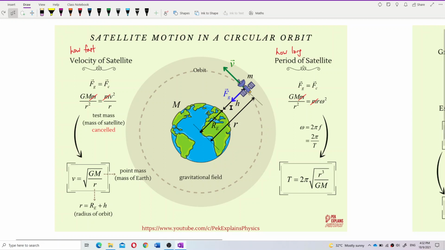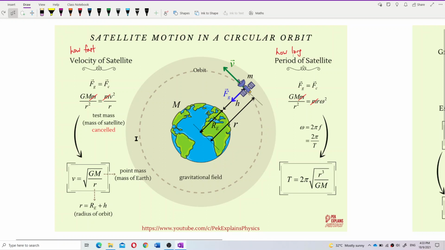In circular motion, when any object moves in a circle, it must have centripetal force. The centripetal force continuously changes the direction of the velocity of the object, so that the object will move in a circle around the center.